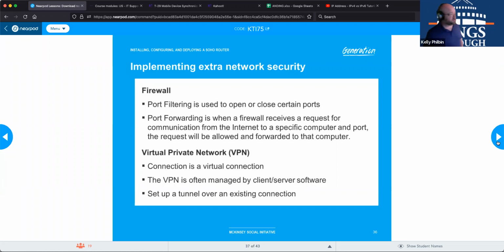So what you can do is turn on or turn off specific ports. Like if we're only doing web hosting, we may only open HTTP and HTTPS. That may be the only ones we turn on. The rest can be turned off because we do not want them to have any kind of access, because they can get in through open ports.